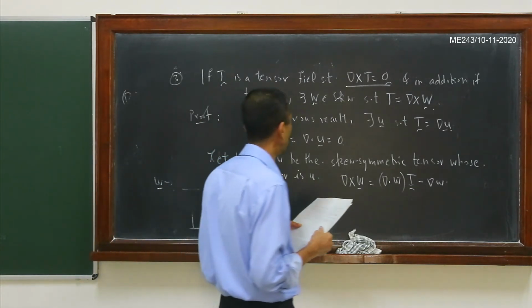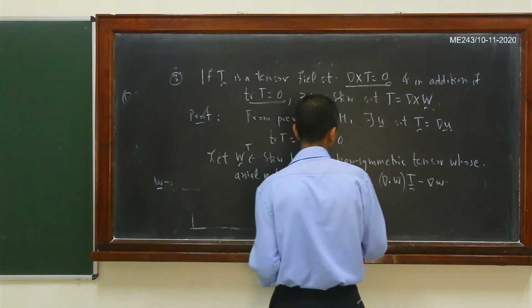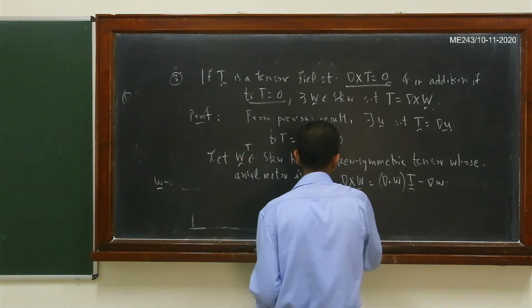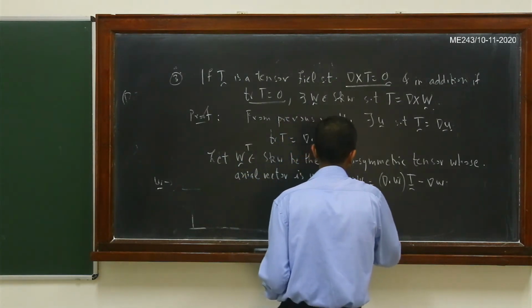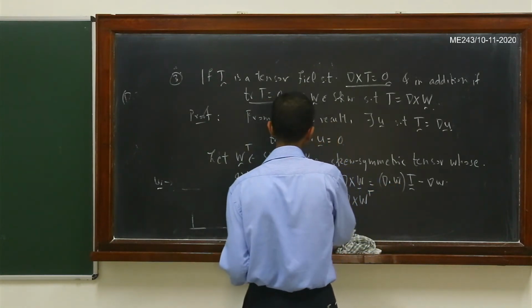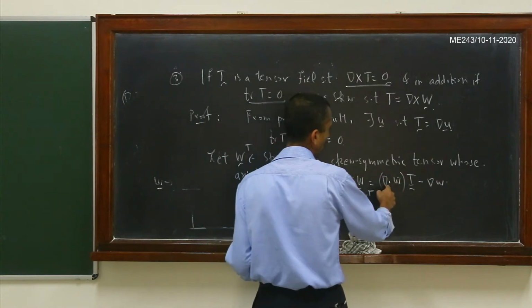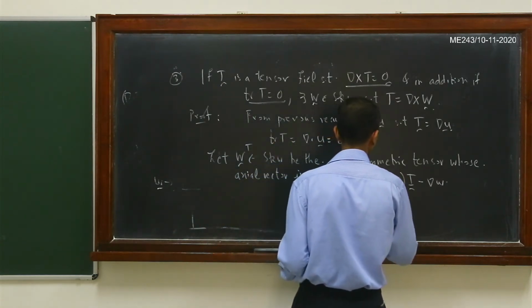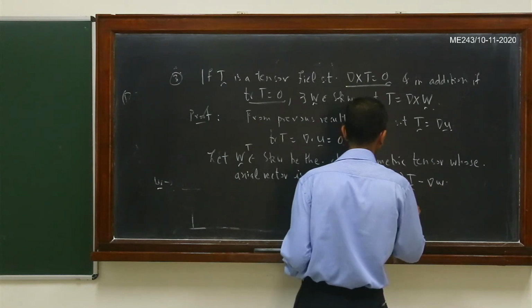So what we will do is apply it now for the case of this W transpose here. I will just replace this by W transpose, and now U is the axial vector and del dot U is equal to 0. So this is equal to 0, and then here you will have del U minus del.